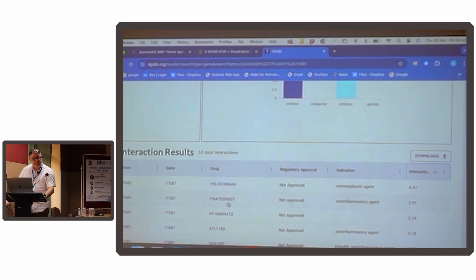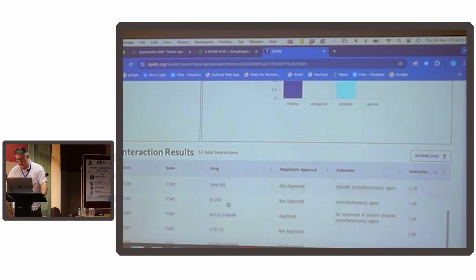It's an anti-inflammatory agent. It's got an interaction score of 2.91, which is not too bad. That could be another potential therapeutic, knocking out ITGB1. So we've got some interesting things going on in here.